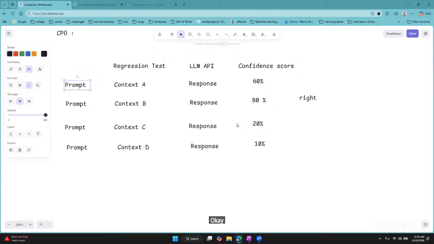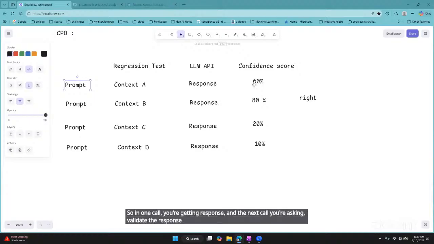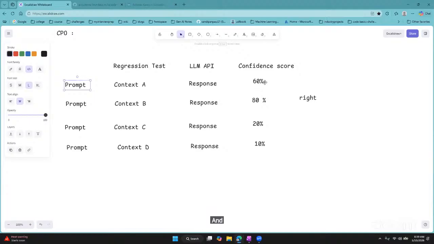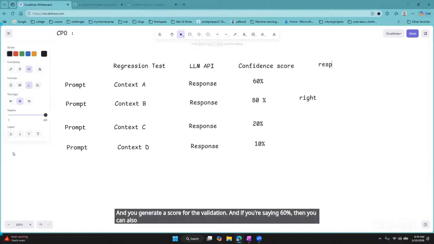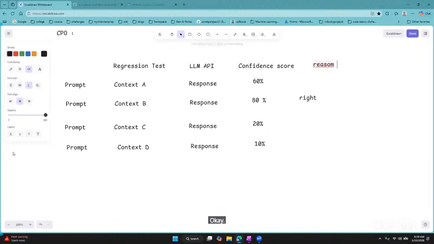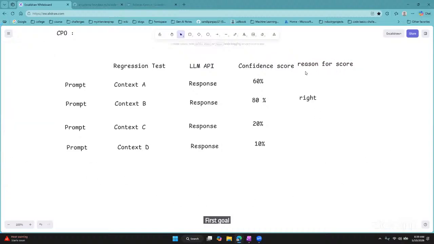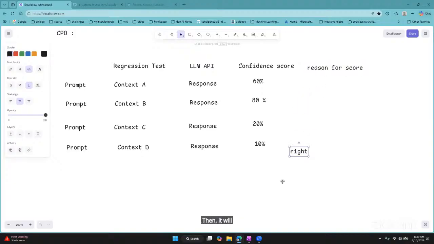In one call you're getting the response, and in the next call you're asking it to validate the response, and you generate a score for the validation. And if it says 60%, then you can also explicitly ask for the reason for the score. Then it will give some reason. Now you consider those reasons.